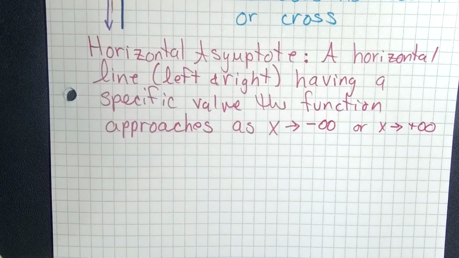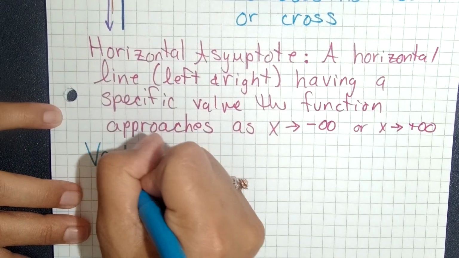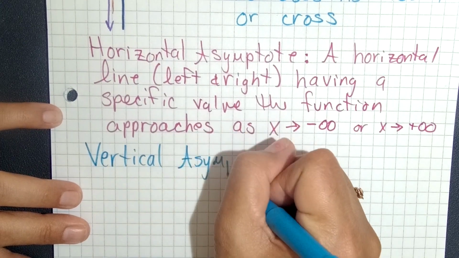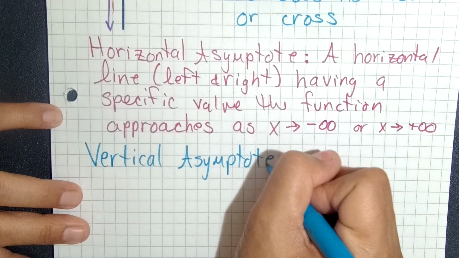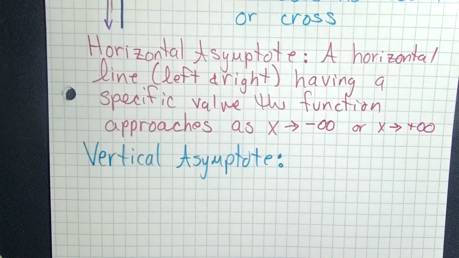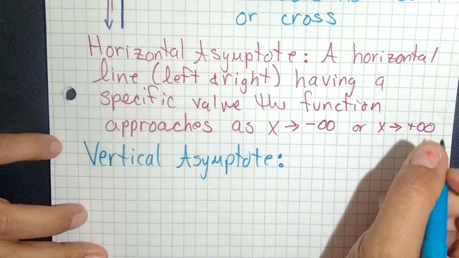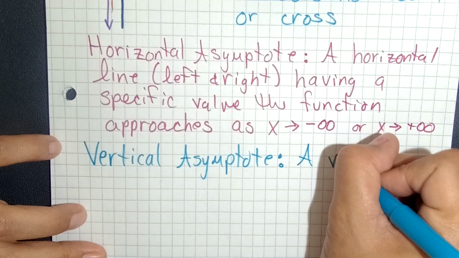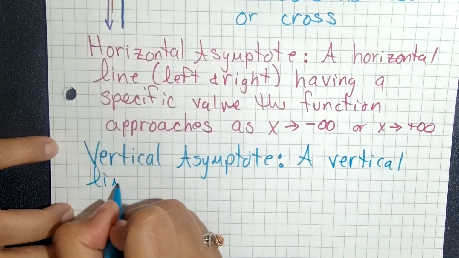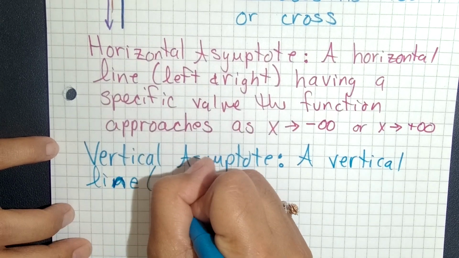The next asymptote we have, do you need me to go back up? Okay. The next asymptote we have is a vertical asymptote. A vertical asymptote is a vertical line. Oops, not line. It goes up and down.